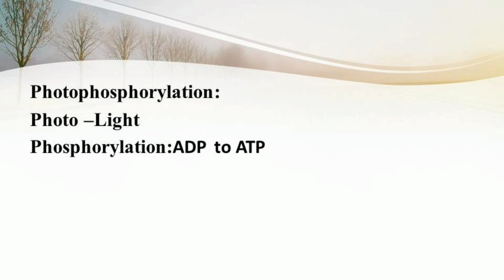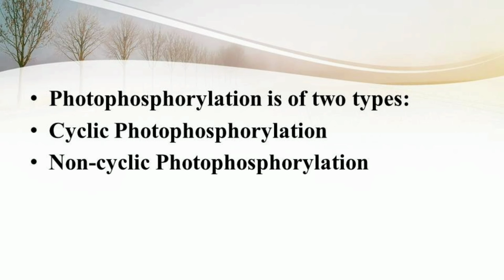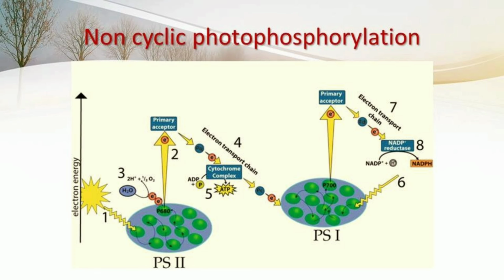So we call it photophosphorylation. And as we already said, the light reaction takes place in two cycles: cyclic photophosphorylation and non-cyclic photophosphorylation. Let's see non-cyclic photophosphorylation.